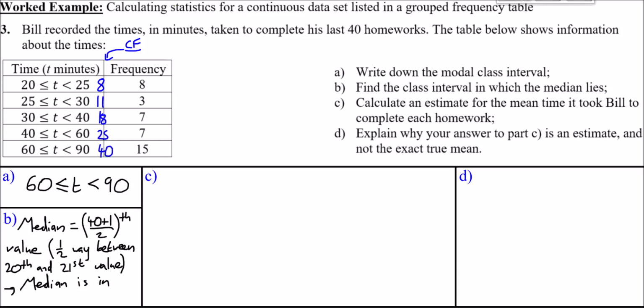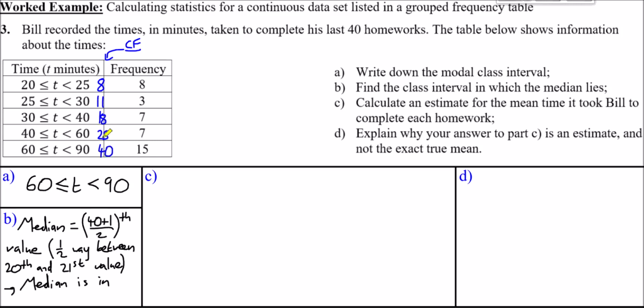So let's do this now. So 8, it's not going to be that one, that's just the first 8 values. These first 2 intervals are going to be up to the 11th value, still too small. 18, so up to the third interval contains all of the first 18 values, which again isn't quite up to the 20th and 21st.